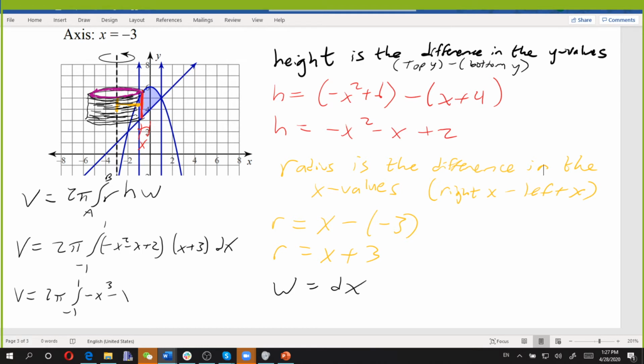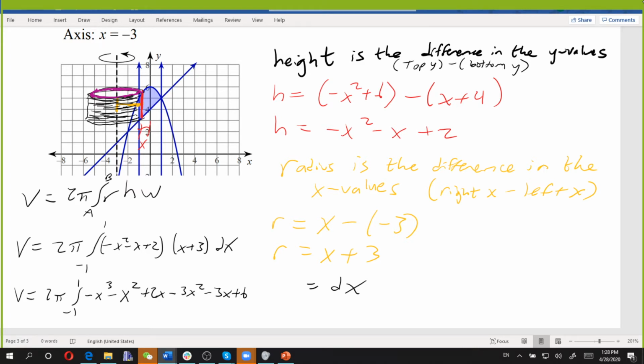I'm going to write it all out though. So this is going to be a minus x squared and a plus 2x. What should come next? Minus 3x squared minus 3x plus 6.